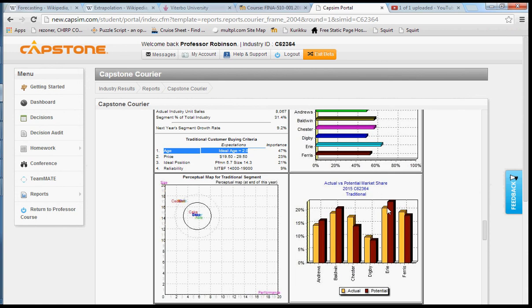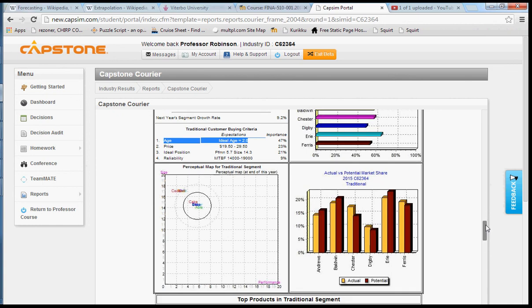So demand was higher than expected, the inventory sold out, and since the customers couldn't get the product that they wanted, they went to competing firms and purchased that. So, for example, Erie could have sold up to this market share, but did not because they ran out, and that drove products to Ferris. So Ferris sold products in excess of their potential demand because people who would have preferred to purchase Erie ended up purchasing Ferris as a product.